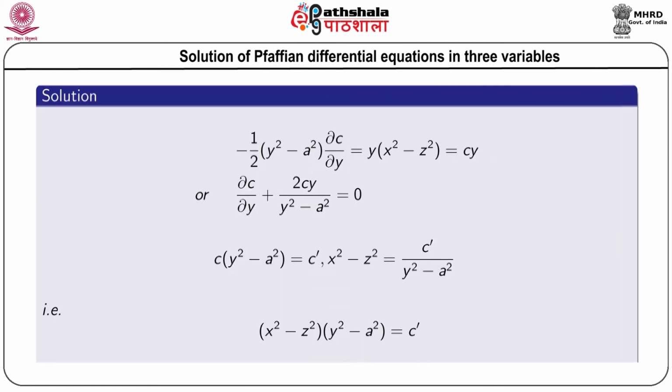So, if we substitute the value of c here, x² − z² equals c' by (y² − a²), or in other words the integral can be written in this form: (x² − z²)(y² − a²) equals c'.